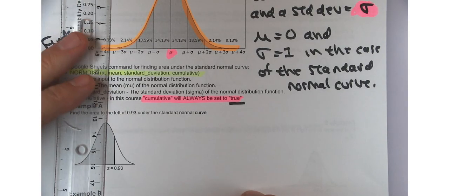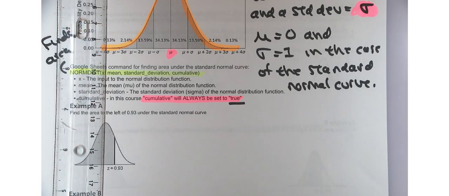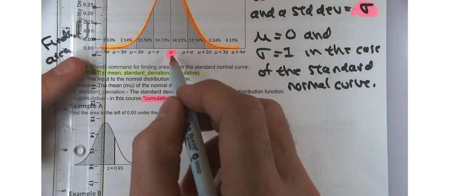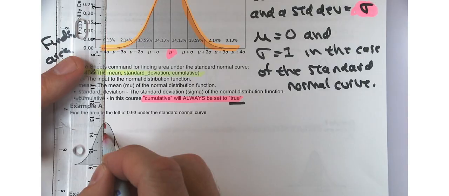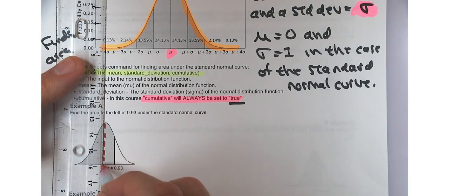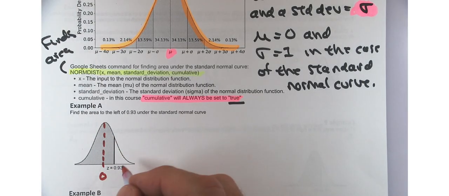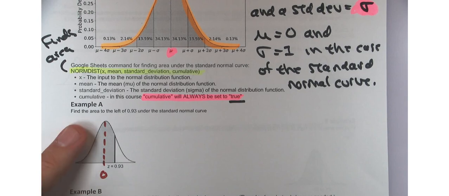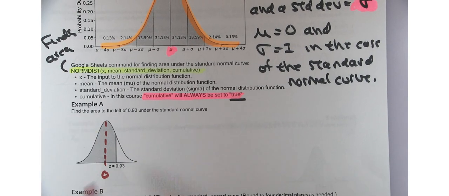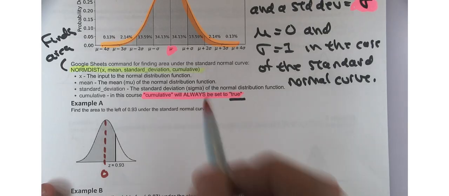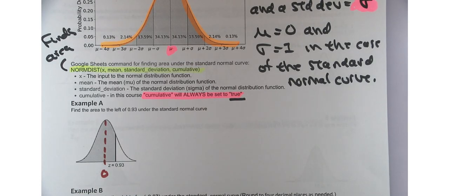Now, the standard normal curve has a mean of 0. So that number there is going to be 0. Now that midpoint tells you something about what kind of an answer to expect.